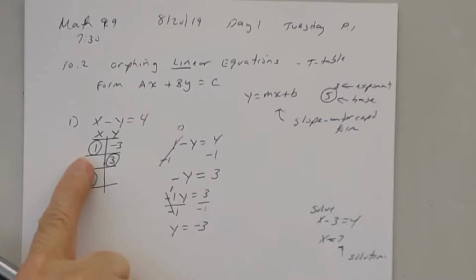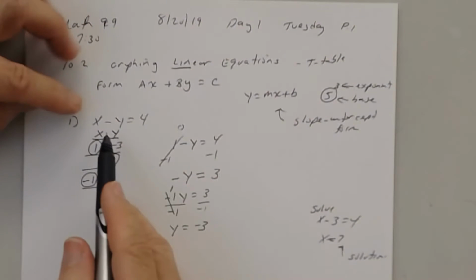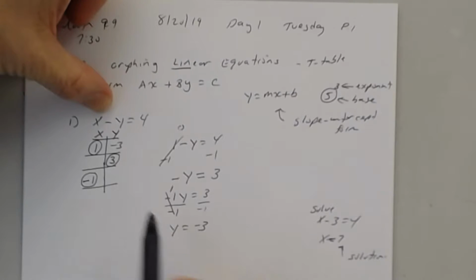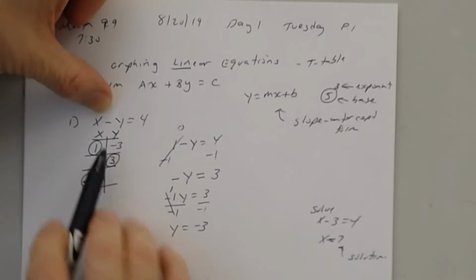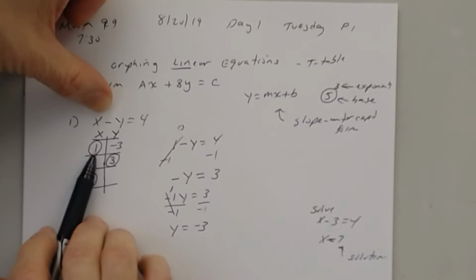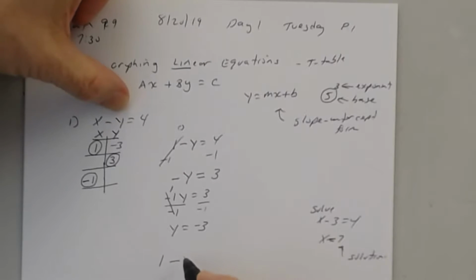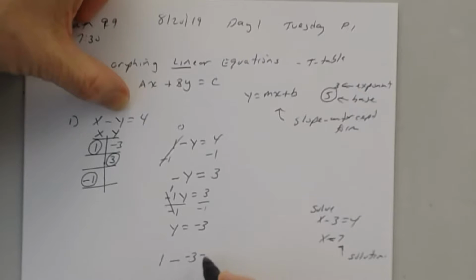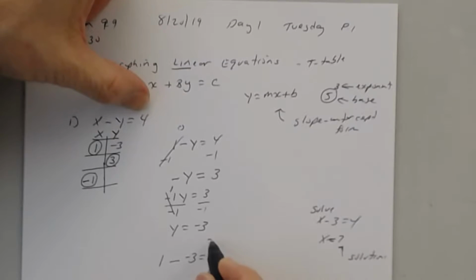So here, when I plug in 1 and negative 3, notice what happens when I substitute 1 and negative 3. X is what value? 1. Subtract y, what's y? Negative 3. And I want to see if that's going to equal what number? 4.